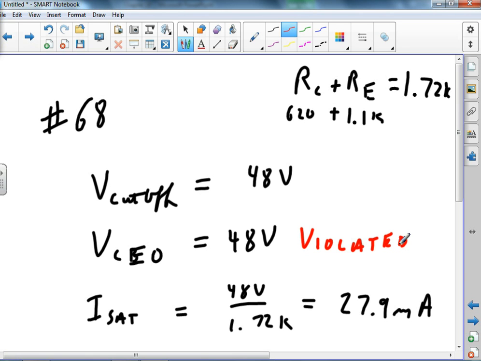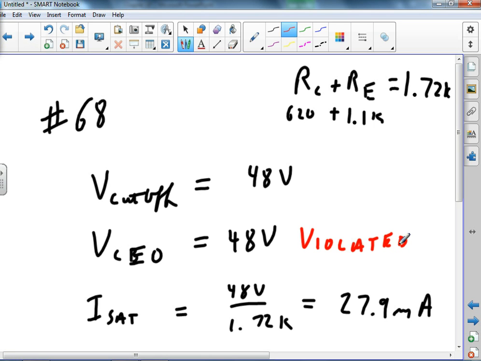No, that's not violated. We're okay there. Oh, that looks okay. It looks like the only one that gets violated is continuous current. Well, yeah, that looks like the only violation I see.